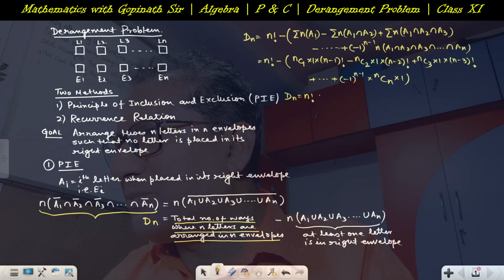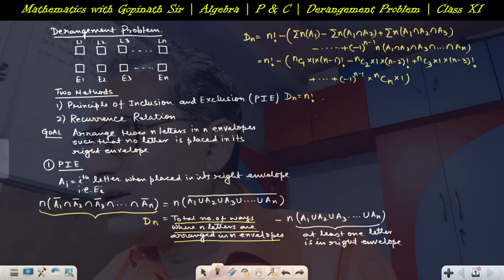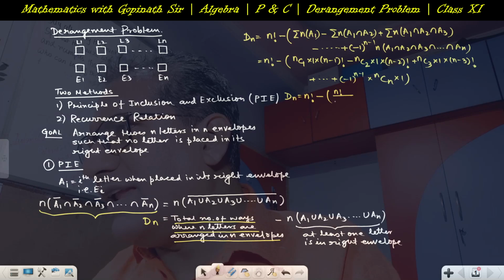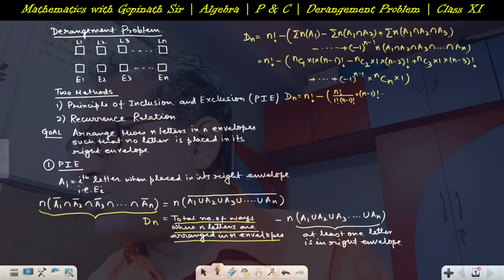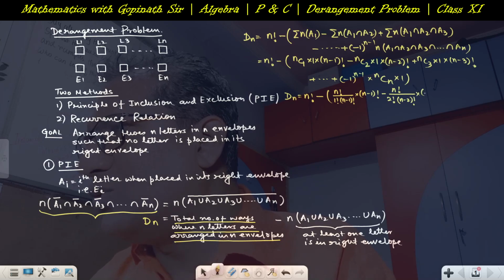Let me just break this one. Minus nC1. nC1 is basically factorial n by factorial 1 into (n minus 1) factorial, into (n minus 1) factorial. The next one is nC2, which is again factorial n divided by factorial 2, (n minus 2) factorial, into (n minus 2) factorial.